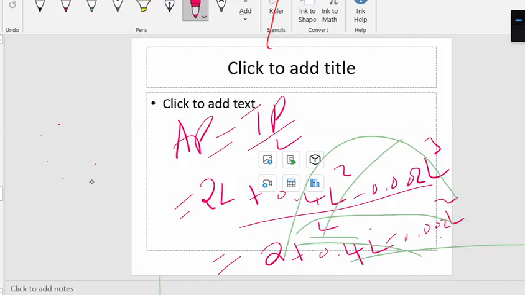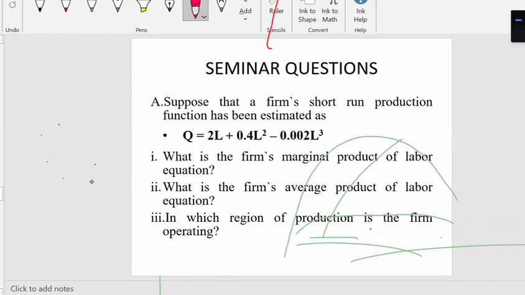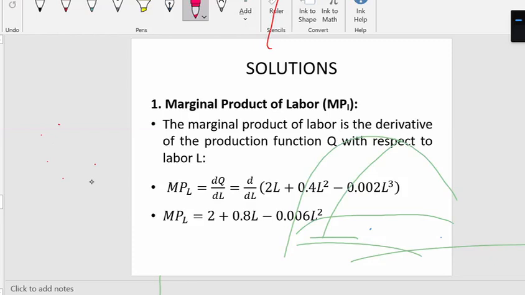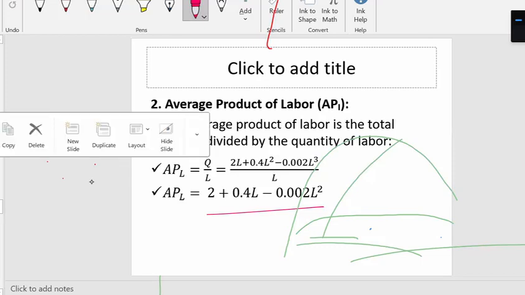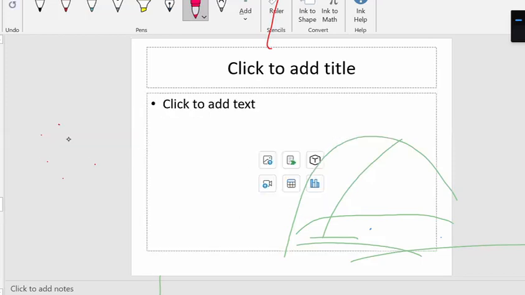Now the question, number 3: in which region of production is the firm operating? These are the computations I was doing. First, the marginal product we have already obtained here. The average product, we got this one, right? Everything is there. Now in which region will they operate? You have to show it. You must compute those values of L, where L is less than 100.